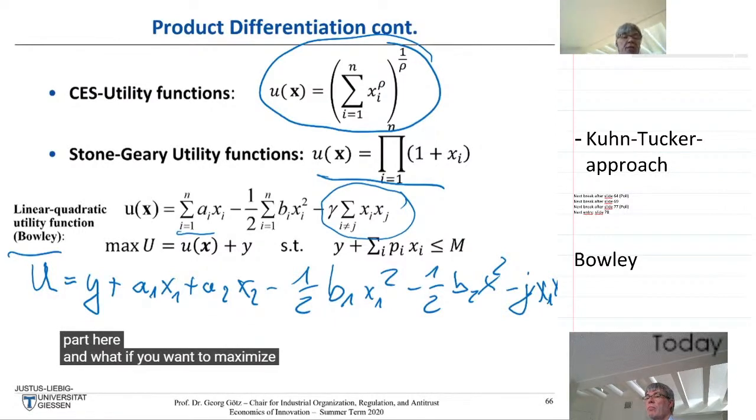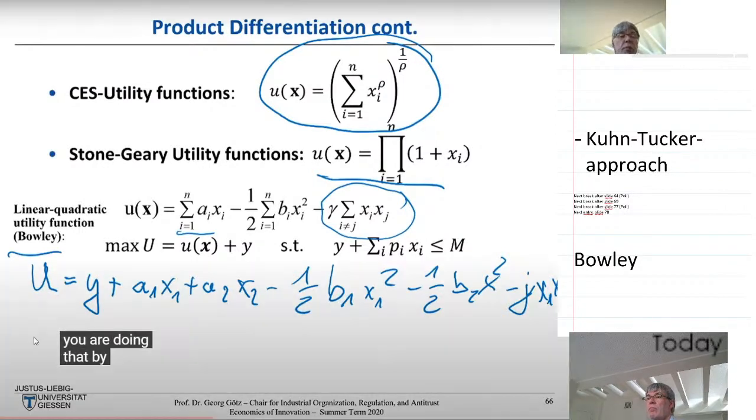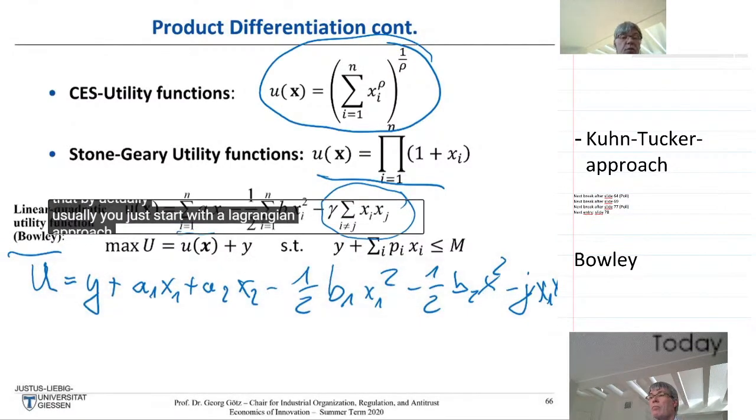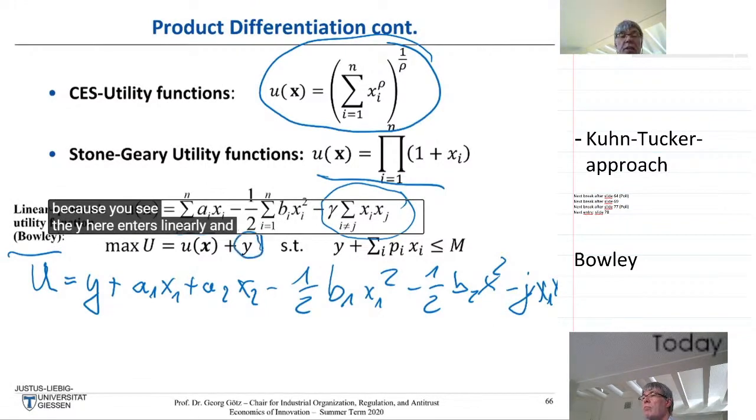What if you want to maximize utility? Usually you just start with a Lagrangian approach, but here it's much easier because you see the y here enters linearly. And you can just substitute the y here by m minus p1 x1 minus p2 x2.